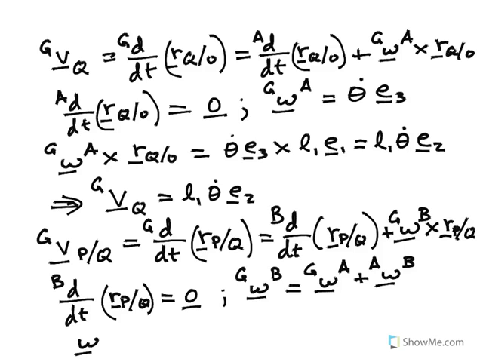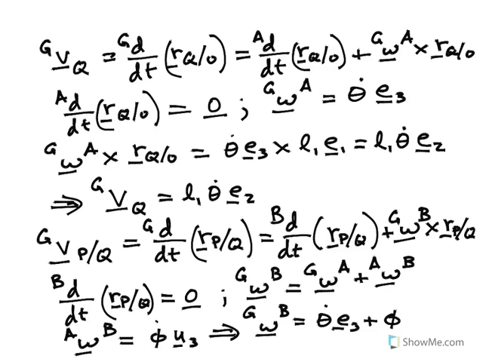The angular velocity of B in A is equal to phi dot times U3, which gives me that the angular velocity of B in G is equal to theta dot E3 plus phi dot U3. But since E3 and U3 are in the same direction, that tells me that the angular velocity of B in G is equal to theta dot plus phi dot times U3, because I'm going to express everything in the coordinates fixed in reference frame B.